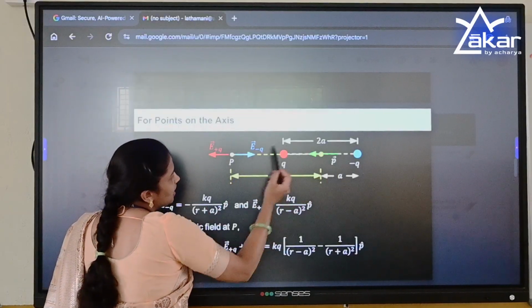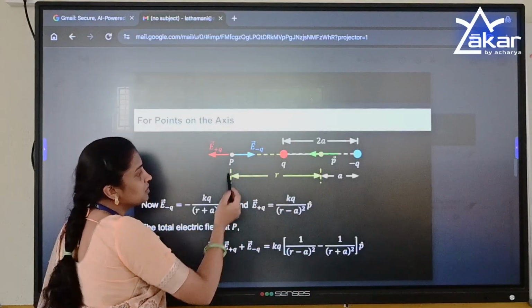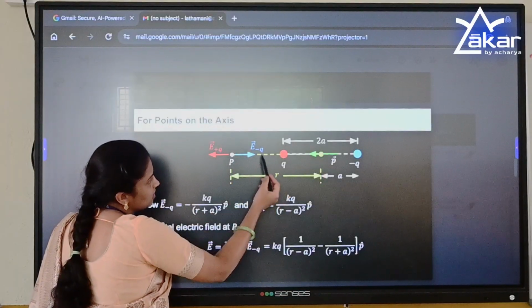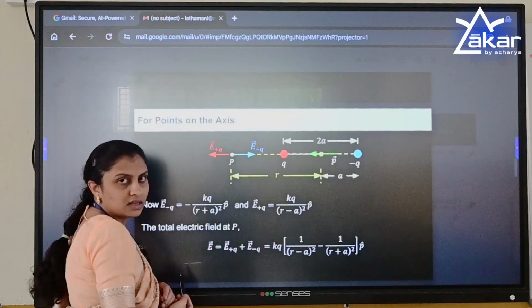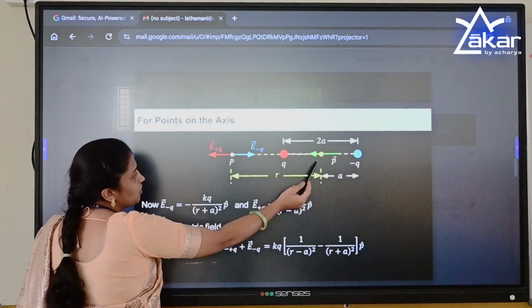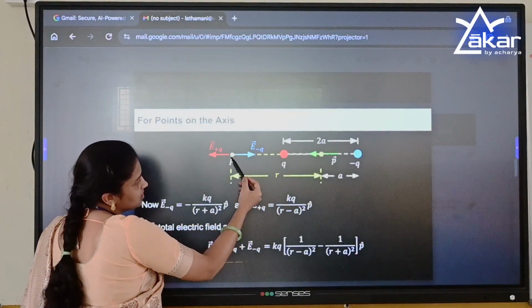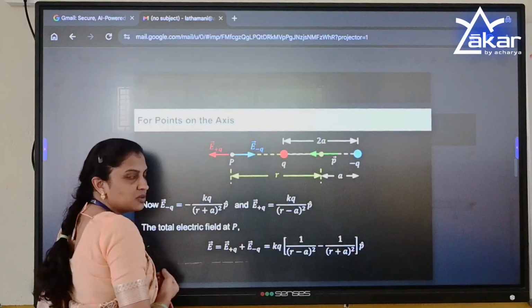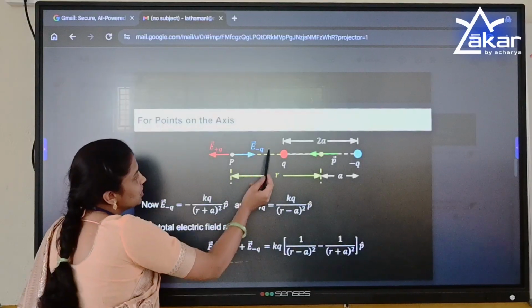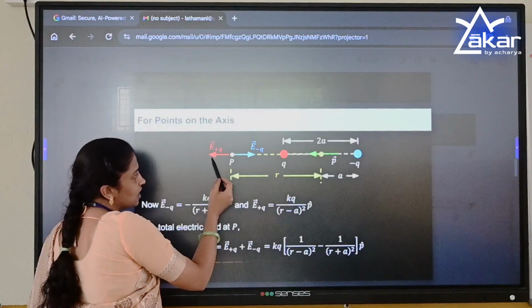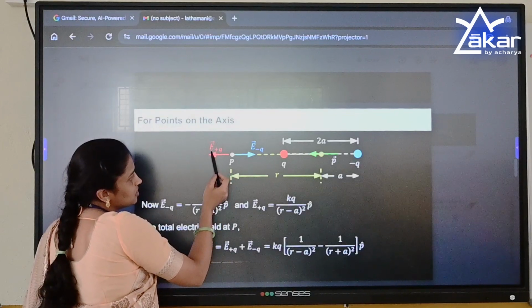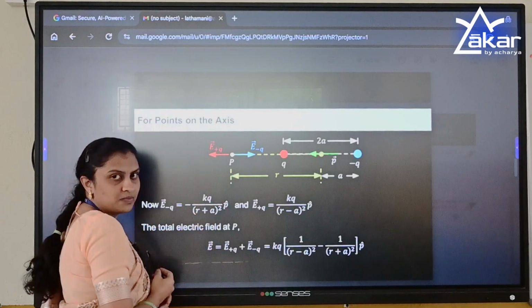For the negative charge, the test charge is always positive, so it attracts. This arrow mark shows the electric field of minus Q. Then for the positive charge, the test charge is also positive. Positive means repulsion, so the direction is away. So this shows the electric field of plus Q.